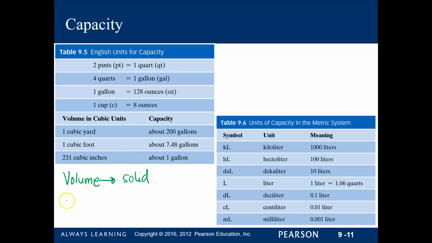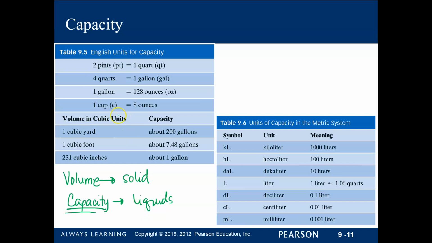Capacity is actually for liquids, occupying three-dimensional figures. So for example, if you put water into a glass, which is like a cylindrical glass, what we are looking at is capacity, since we're talking about liquids.